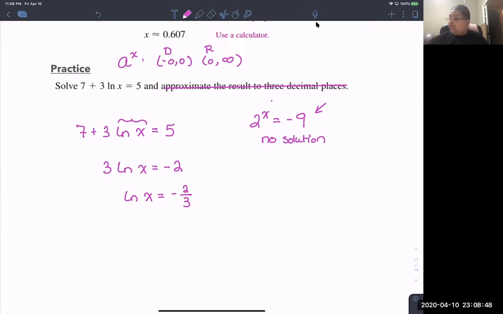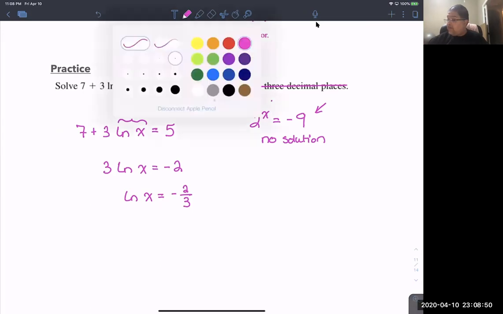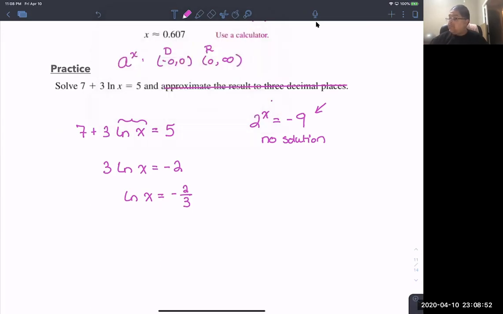So there would be no solution. However, this is different. This is because remember the range, the outputs cannot be negative for an exponential. However, in a logarithm, remember the domain and range values are flipped. So the domain is all positives, but the range can be all real numbers.